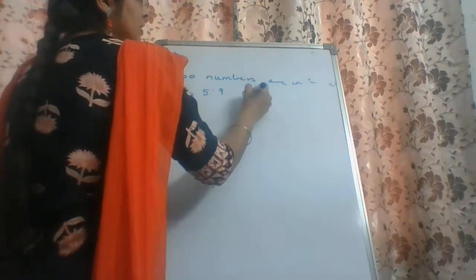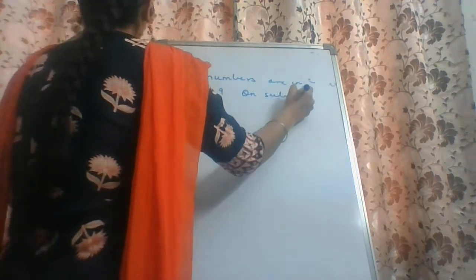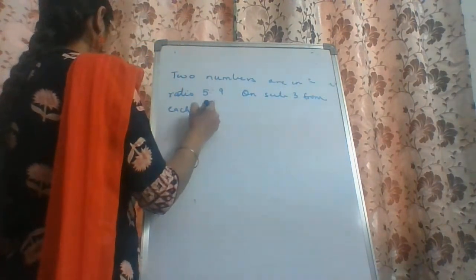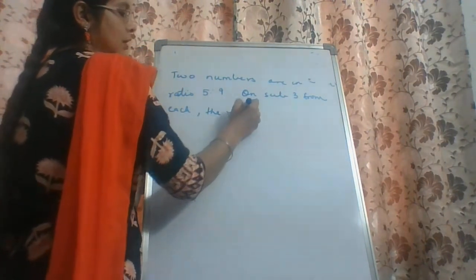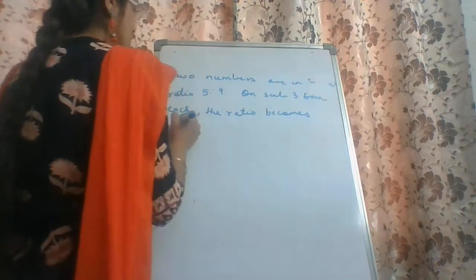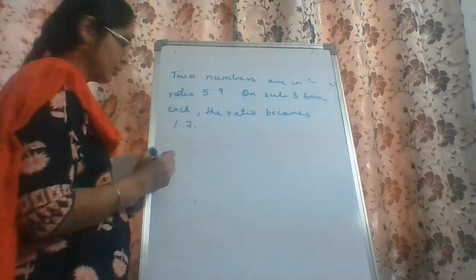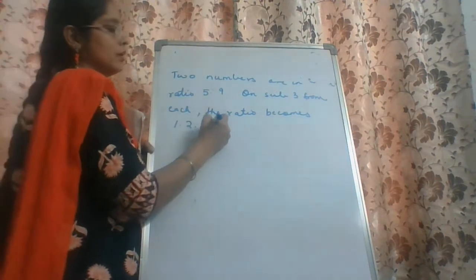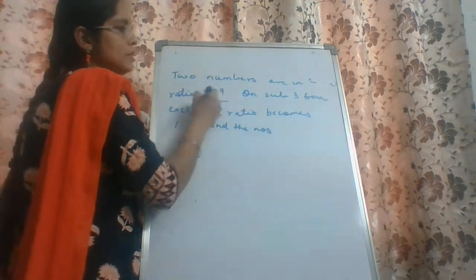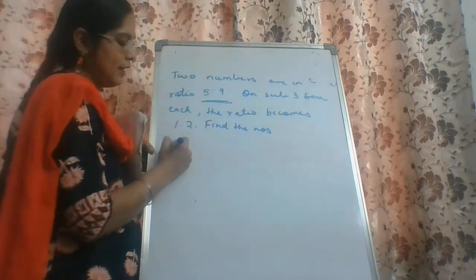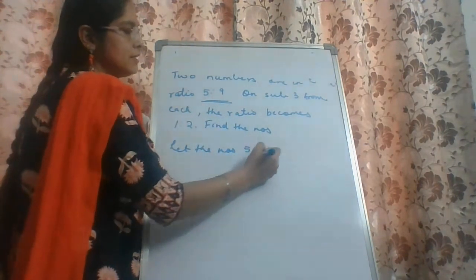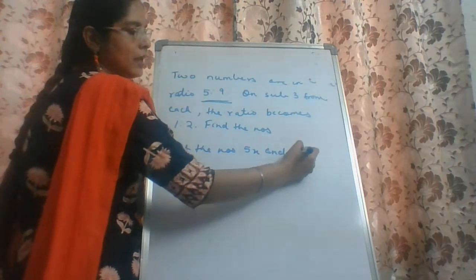On subtracting 3 from each, their ratio becomes 1:2. Find the numbers. Two numbers are in ratio 5:9. Let the numbers be 5x and 9x.